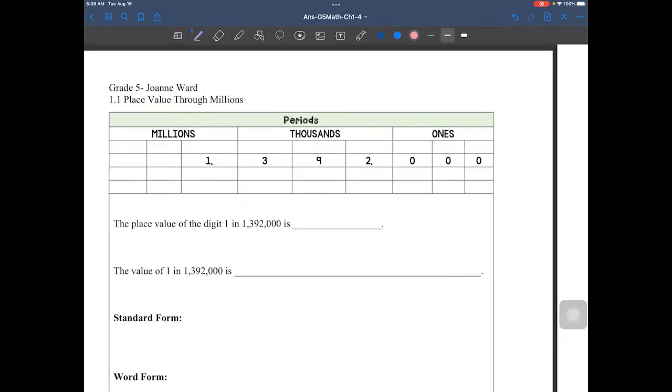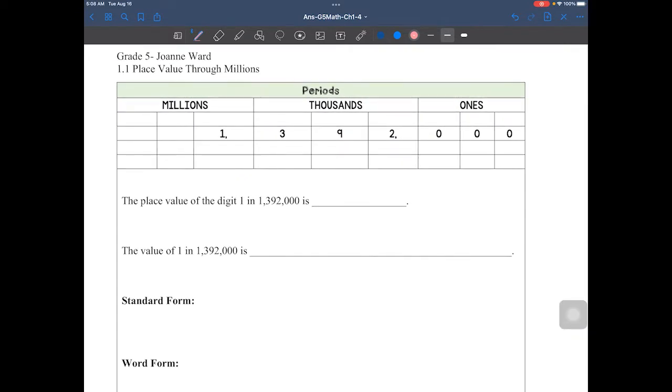These are the periods. A period is a group of 3 digits. There are 3 periods here. The first period is the ones; these 3 digits we call the ones. The second section, these 3 digits, we call thousands.